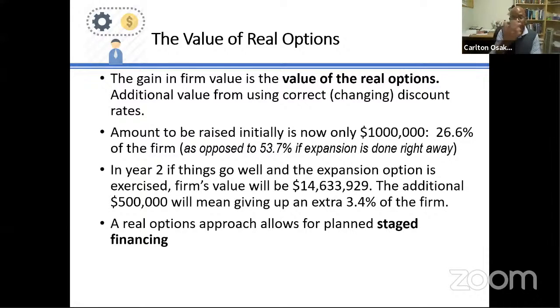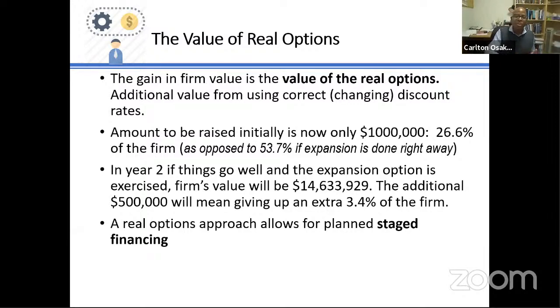So to sort of summarize again, the gain in the value of the firm is what's called the value of the real option. So it went from 2.7 million to about 3.7 million or so. And that gain is simply the value of the real options in the firm. And it turns out that for most new ventures, at the beginning of the firm, the cash flows are either negative or non-existent.